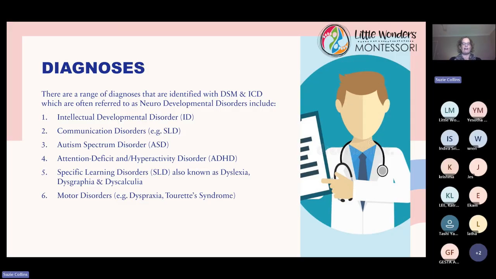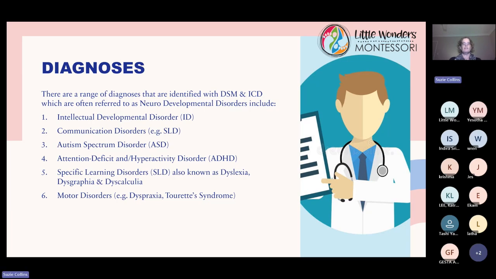There's also dysgraphia and dyscalculia, but I'll talk about each of those shortly too. And then the other category under neurodevelopmental disorders is motor disorders, whether that might be dyspraxia or even some sort of Tourette syndrome, with those different tics. So those are some really common ones that fall under the neurodevelopmental disorders.